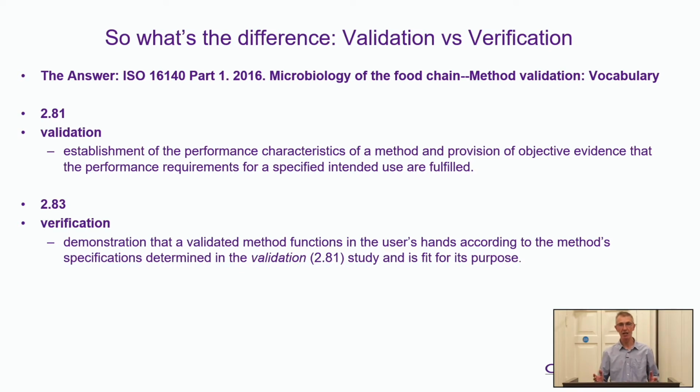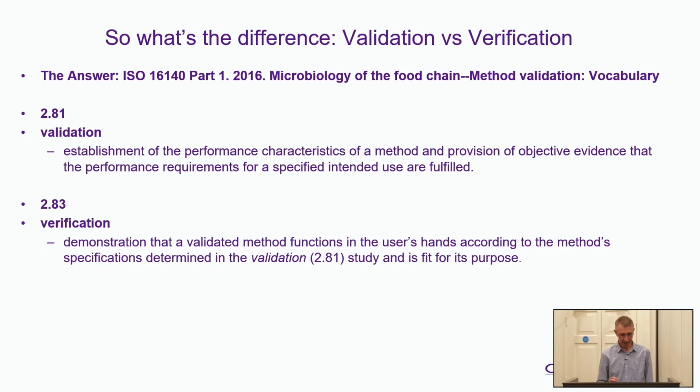And this standard covers the validation of microbiological test methods. And part one of the standard is basically the dictionary of terms. It tells you what all these various terms mean. And for validation, it says, as shown on this slide, validation is the establishment of the performance characteristics of a method and provision of objective evidence that the performance requirements for a specified intended use are fulfilled. That's validation.